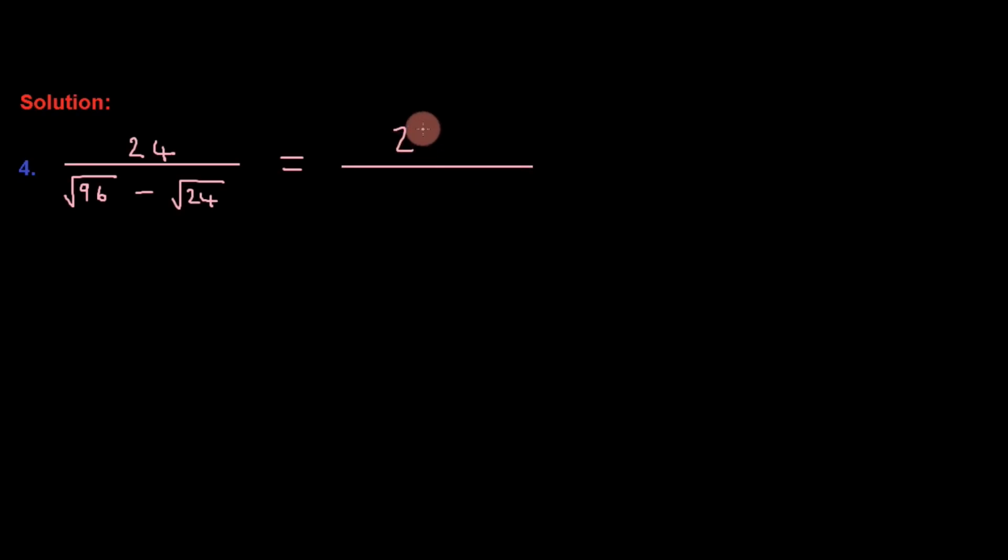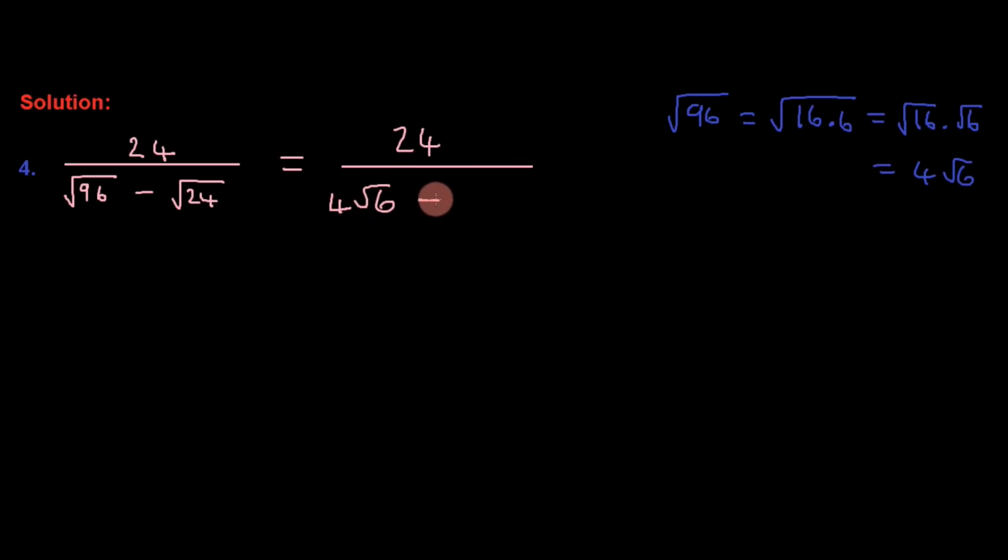So we have 24 in the numerator, and then the square root of 96 we can write as the square root of 16 times 6. 16 is the biggest perfect square that goes into 96. So this is square root 16 times square root 6, which is 4 square root 6. So we have 4 square root 6.